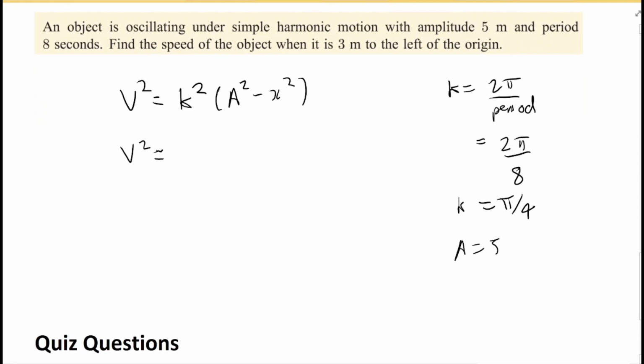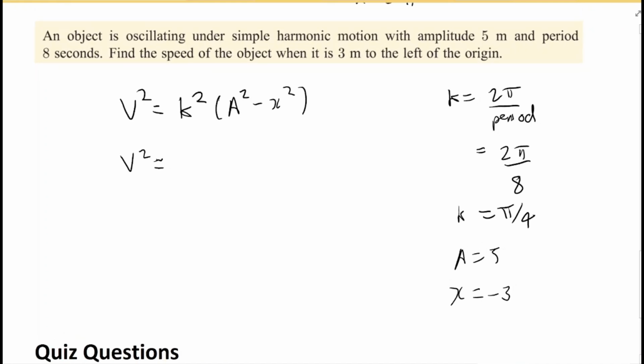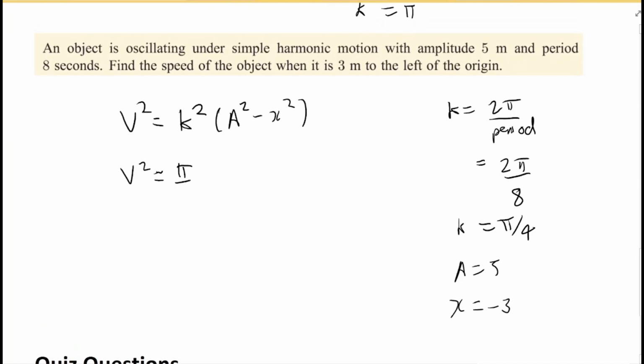And we want the speed when it's 3 meters to the left, so this would be x equals minus 3. So essentially, the velocity squared is k squared times a squared take x squared. We know what all those numbers are. So that's going to be pi over 4, all squared, times the amplitude, so that's 5 squared minus 3 squared.